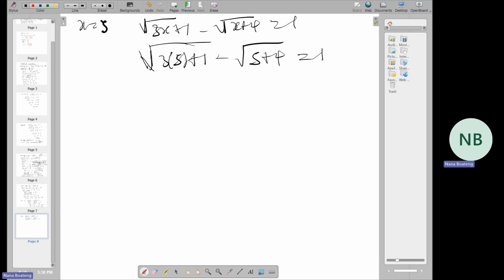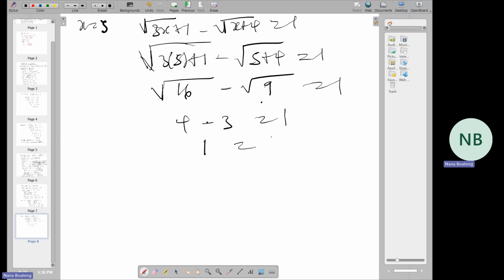So this becomes the square root of 16 minus the square root of 9. Square root of 16 is 4, minus square root of 9, which is 3, is equal to 1. So we can see that 4 minus 3 is 1, which is equal to 1.